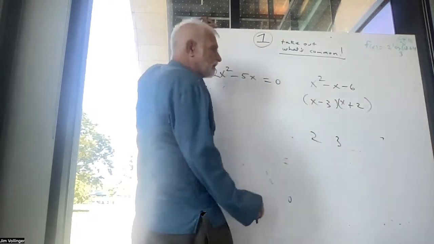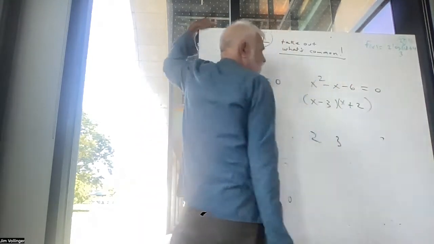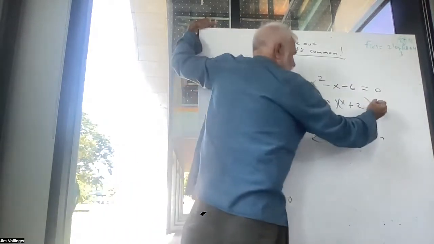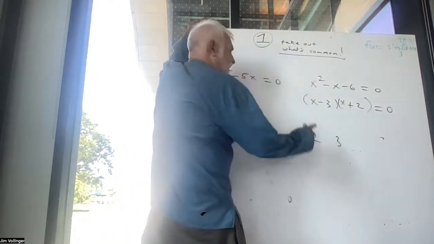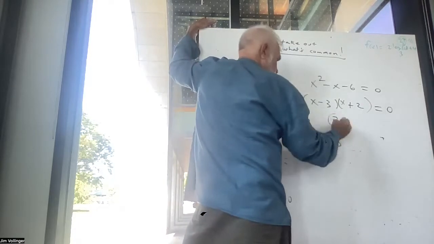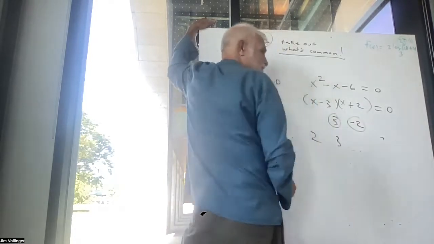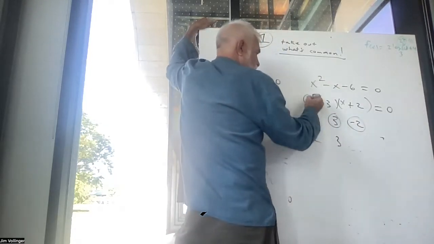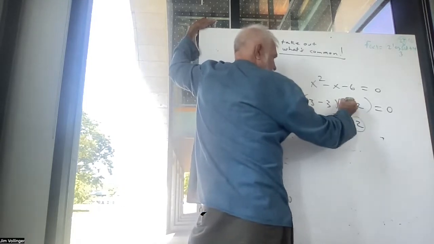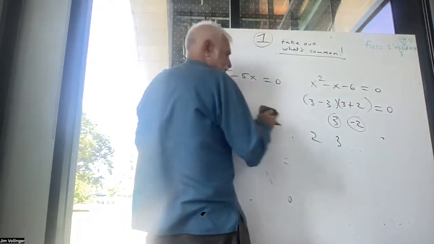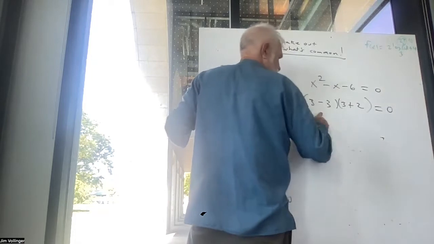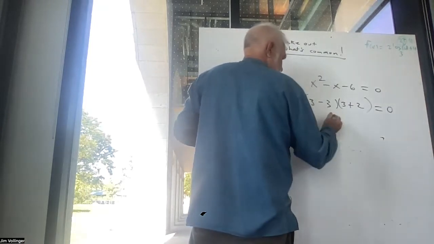Well, there's your product. When does this equal 0? I can't immediately see. When does this equal 0? I can immediately see. 3 and negative 2. If this is 3, you do the math. I hope you can see 0 times 5.